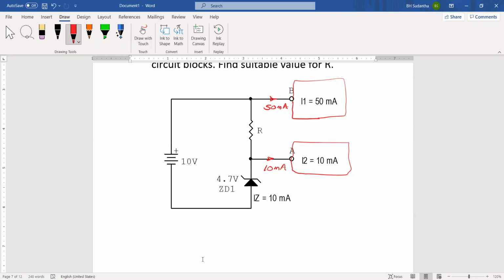Okay. You can try to find this current, and this current. This is the Zener diode current. It is also given. Then you have to find the resistor value.